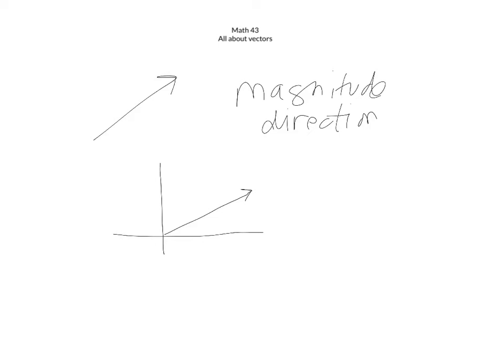So here you see an example of a vector which is drawn in what we call standard position. And that simply means that it originates from the origin and it points up in whatever direction it is. If we call this vector v, and we usually indicate vectors with a little arrowhead over the top, then we said that a vector has 2 characteristics, right?